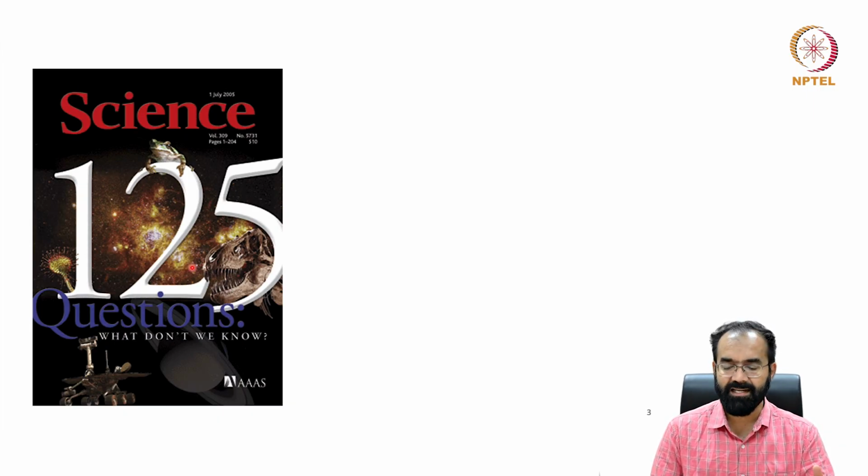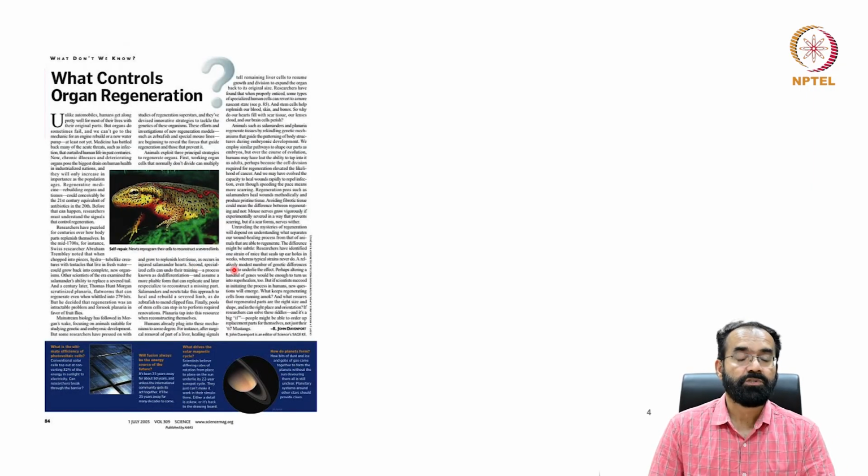It is basically addressing what challenges science has, and what challenges we should be exploring for making a better human life. So in that, they talk about one interesting topic. Those who are interested can read it; I am not going to read it out. One page has been put. What controls organ regeneration? That is one of the 125 questions.